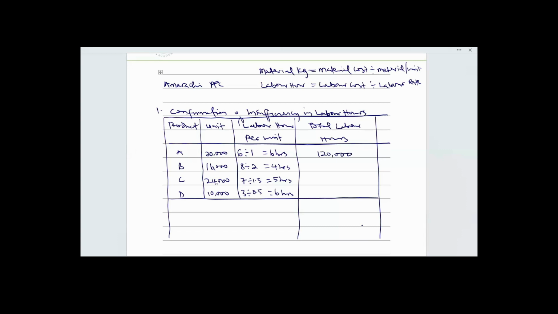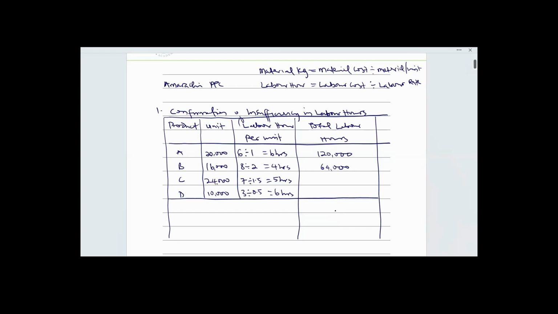Next, 16,000 divided by 4. Please bring out your calculator and be giving me the numbers so that we can move faster. 64. Next item, 24,000 multiplied by 5.